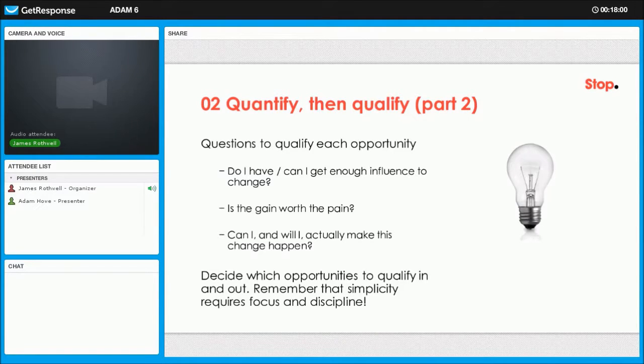And needless to say, less is more in simplicity. So we would strongly encourage leaders and managers who are taking this process to the complexity that they see to really focus on fewer opportunities, get those delivered, and then go back and tackle some of the other ideas that were generated earlier on in the process.